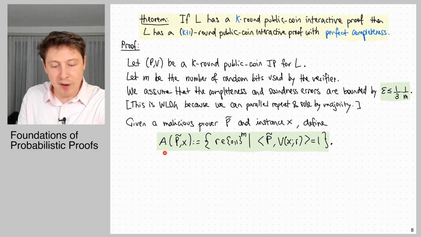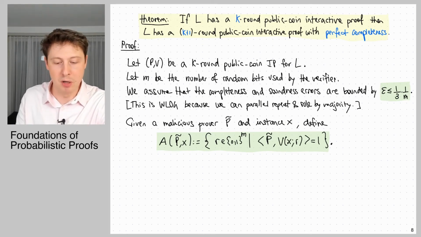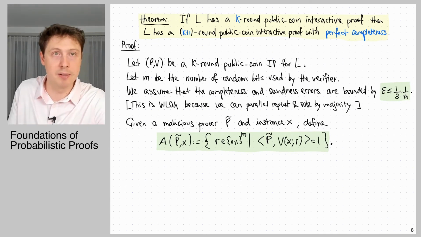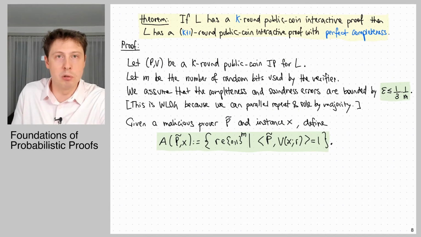Now we're going to define a set related to the previous one, accepting randomnesses. So now the set doesn't depend just on x, it depends also on the prover, because with some particular choice of randomness and a particular choice of prover, I may or may not accept. It depends what the prover says. Previously, in the case of BPP, there were no provers, so it didn't figure in the definition.